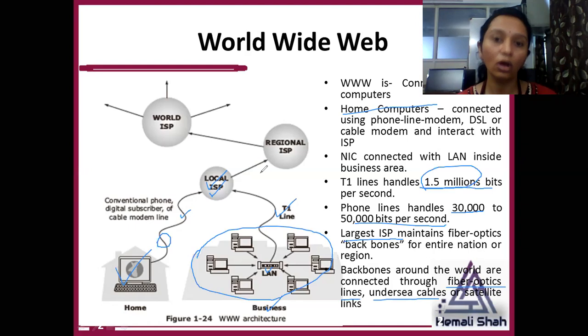So all the regional ISPs are connected using undersea cables, or country-wise regional ISPs can be connected using satellites. Ultimately, all these computers are connected either using fiber optic cables, undersea cables, or satellites.